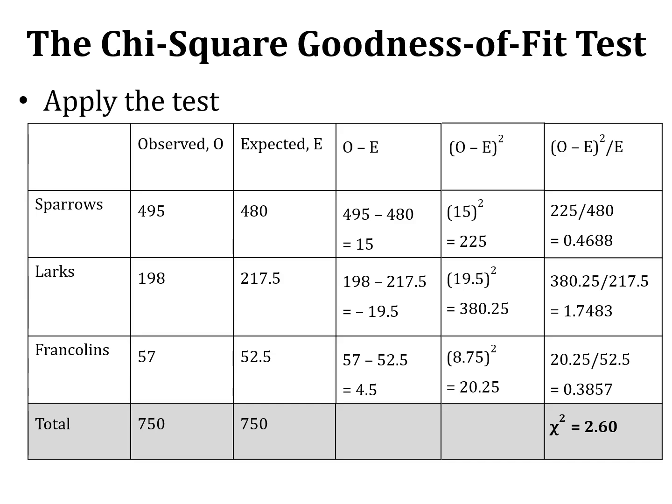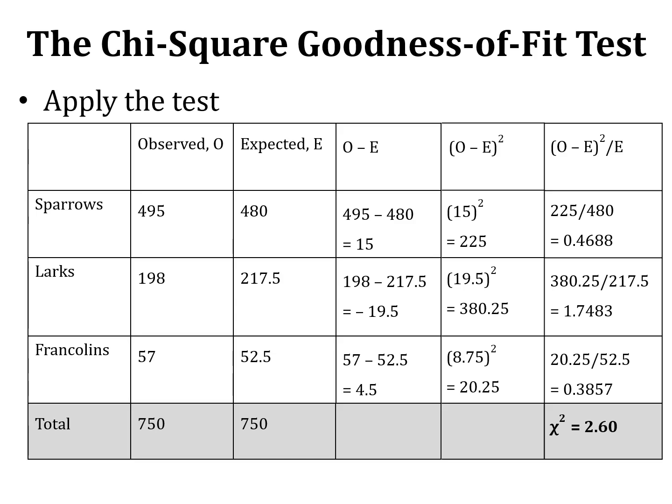So 225 is the square of difference between the observed and expected frequencies of sparrows, and it is divided by the expected frequency of sparrow, and we get 0.4688. And then we divide the square of difference between observed and expected frequencies of larks by the expected frequency of larks, and we get 1.7483.